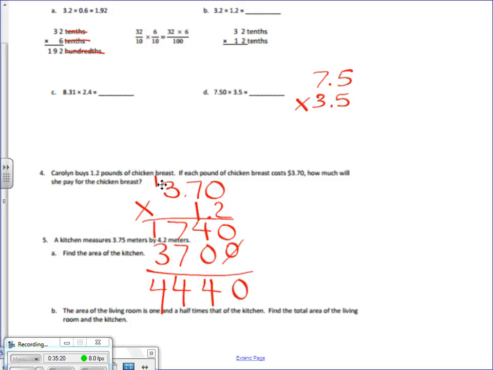Okay, now that looks really huge. You're going like, oh my gosh, 444,000. I got that. 1, 2, and 3 decimal places in. 1, 2, 3. $4.44 for the chicken.